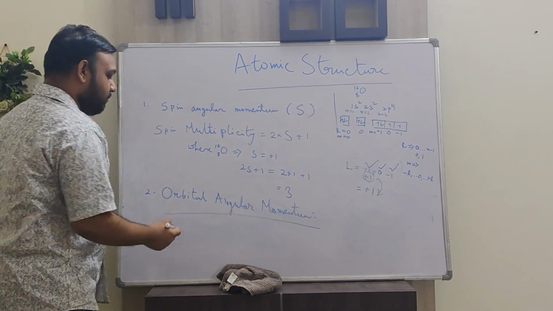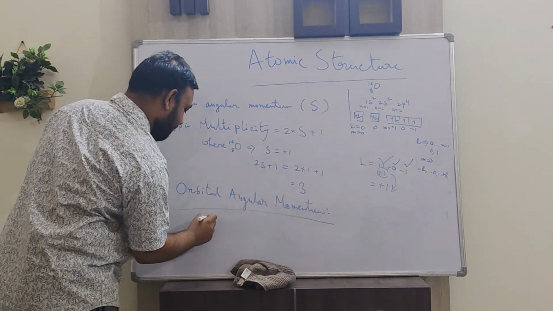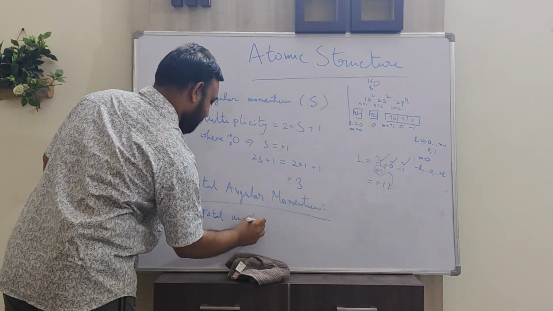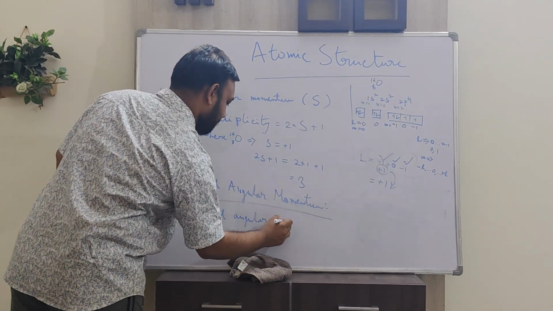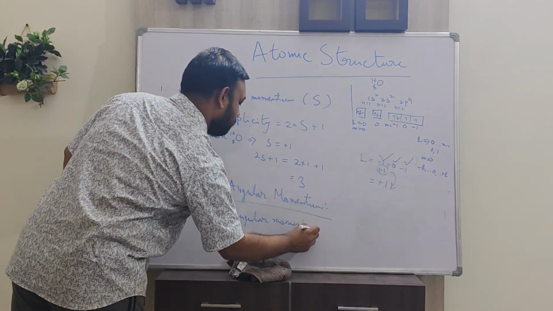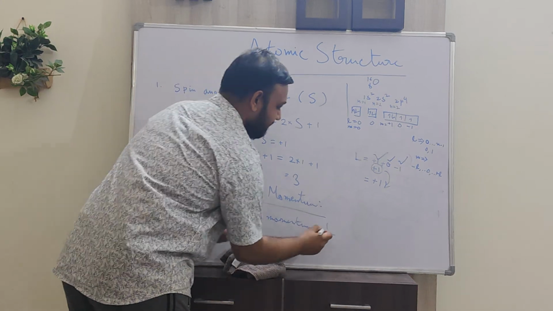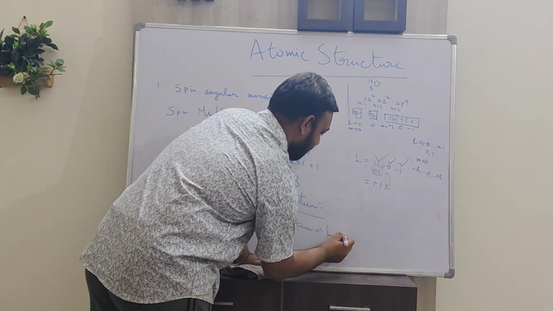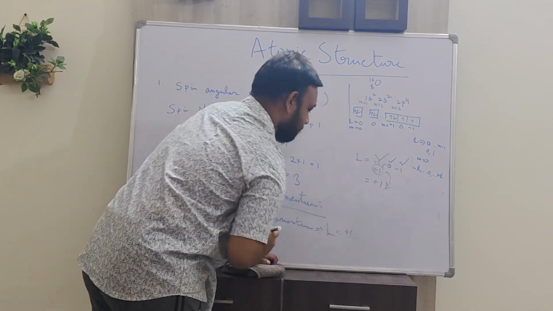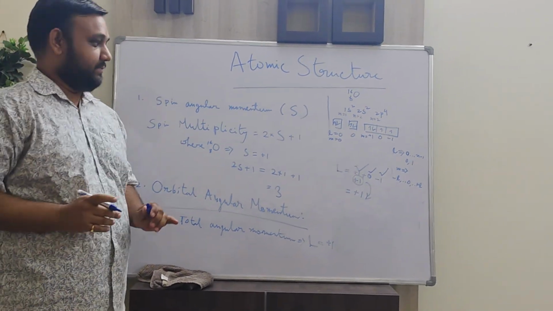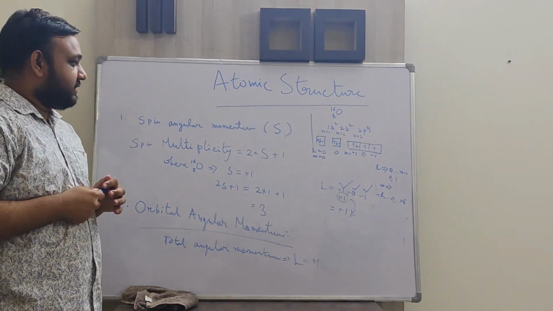So the total orbital angular momentum, represented as capital L, is giving +1. Understood what I have done? For oxygen we are taking the example. Okay, so far so good.